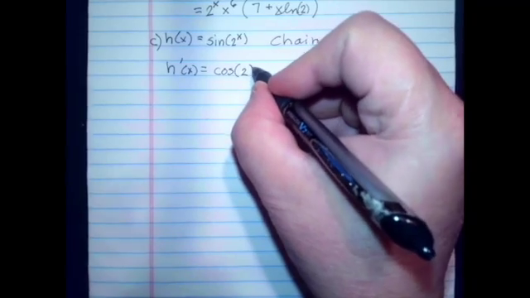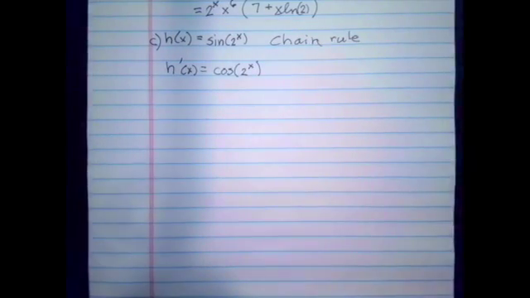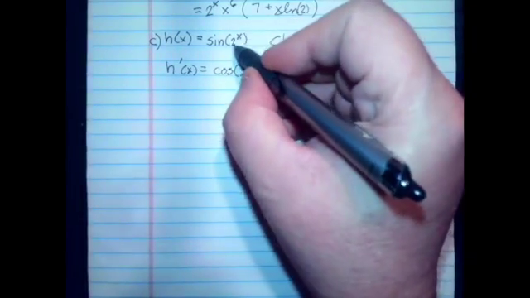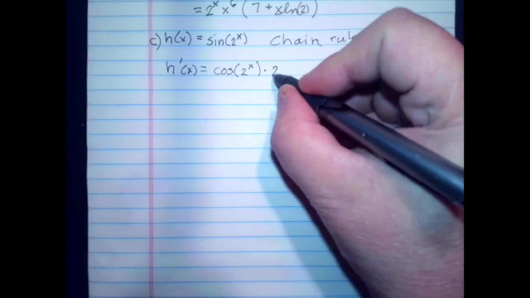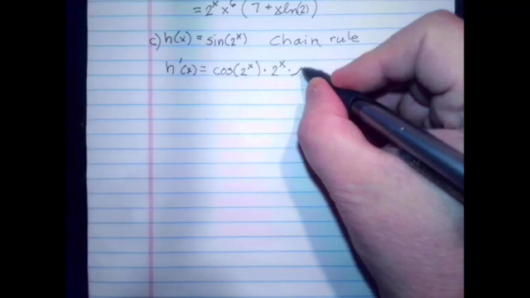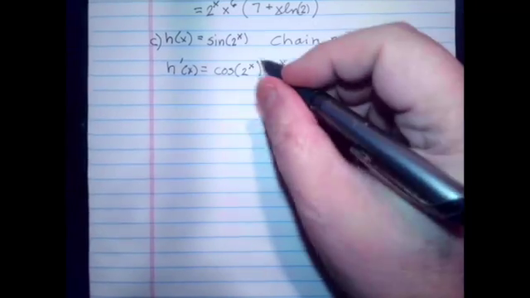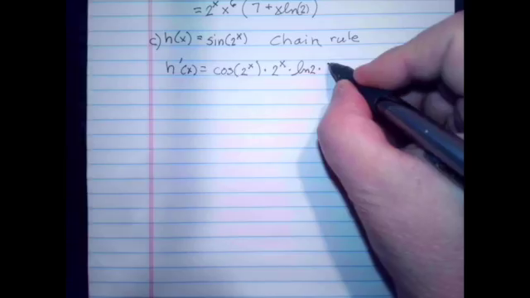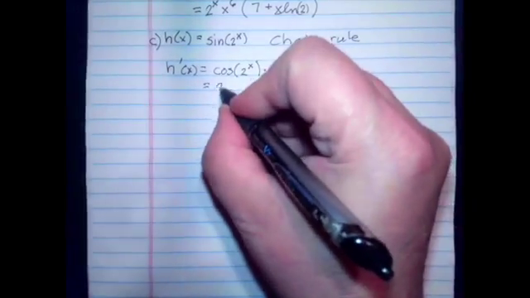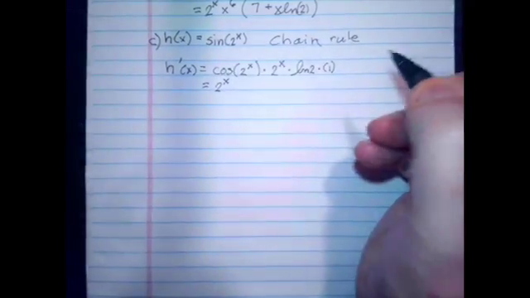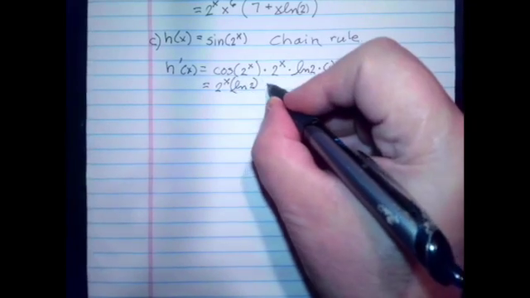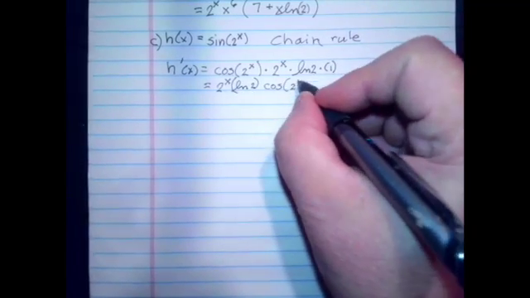You remember that we leave the inner function alone. And then we multiply this by the derivative of the inner function. Well, this is an exponential function, so we rewrite the function 2 to the x. We multiply by the natural log of the base, and then by the derivative of the power. So I'm going to write that as 2 to the x times the natural log of 2 times the cosine of 2 to the x.